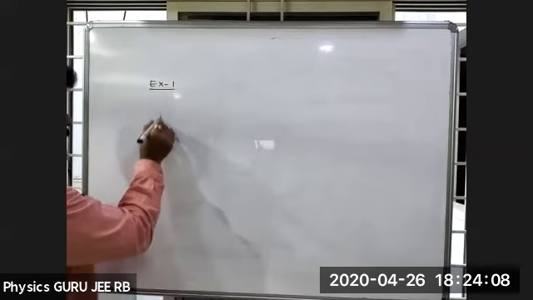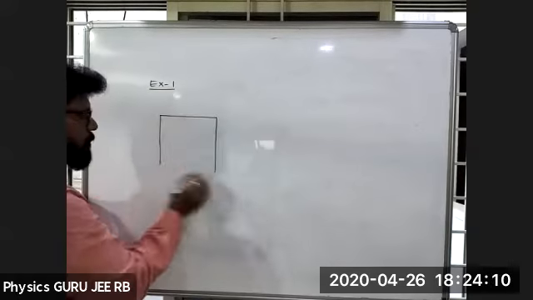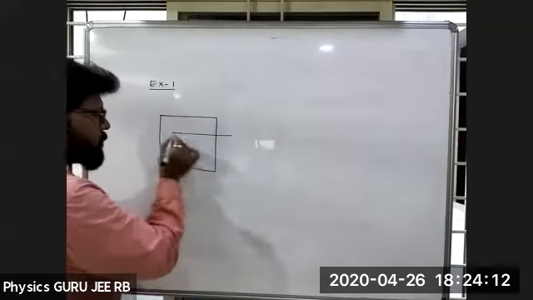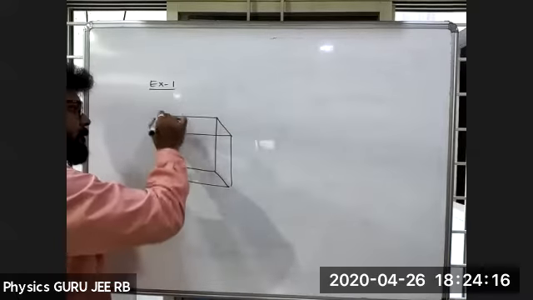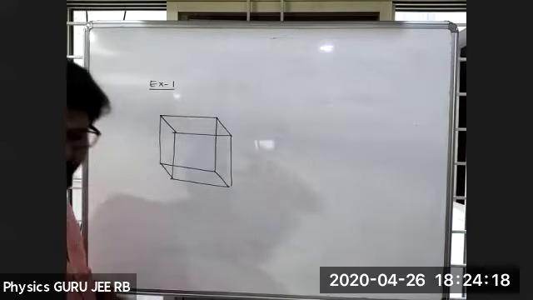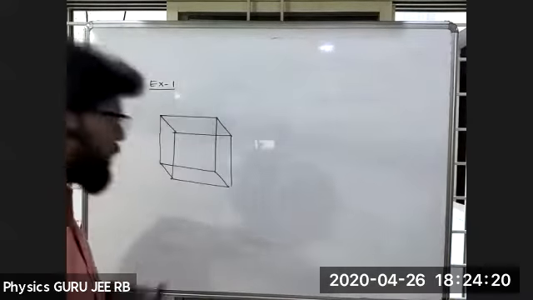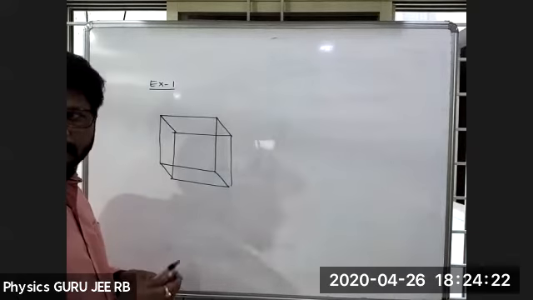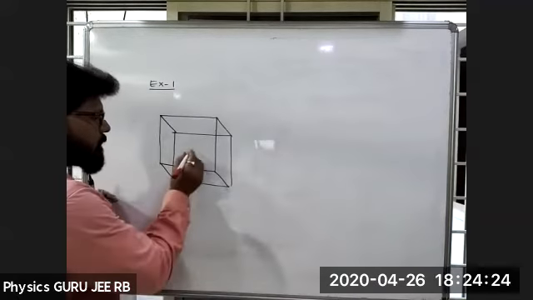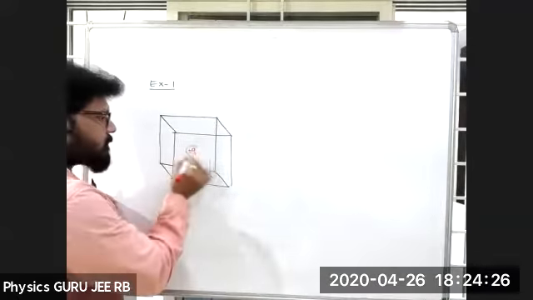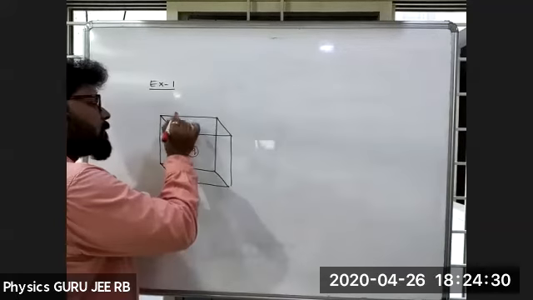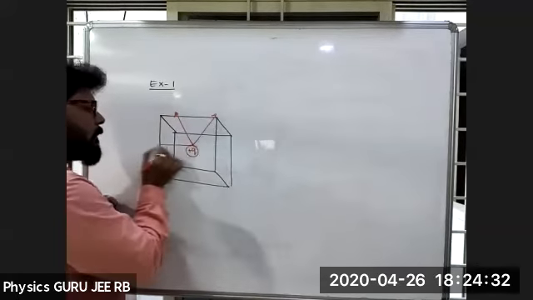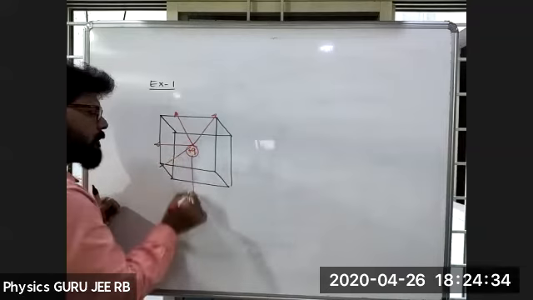A cube, I'll be taking a cube. When the charge is placed exactly at the center, then in all directions the flux will be equally distributed, right?